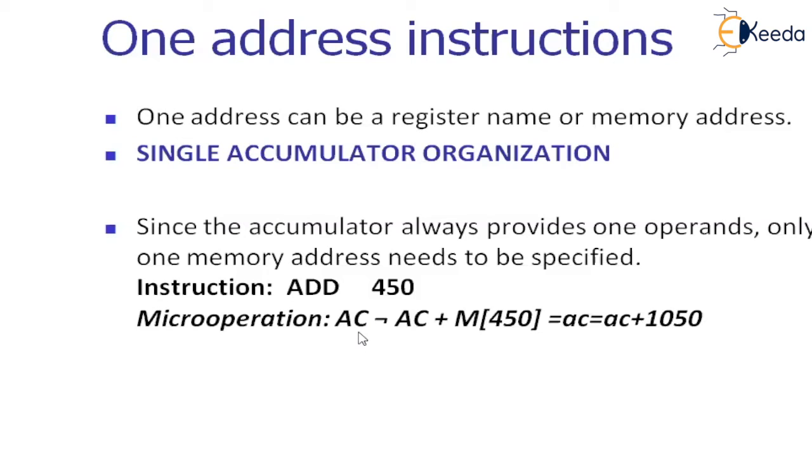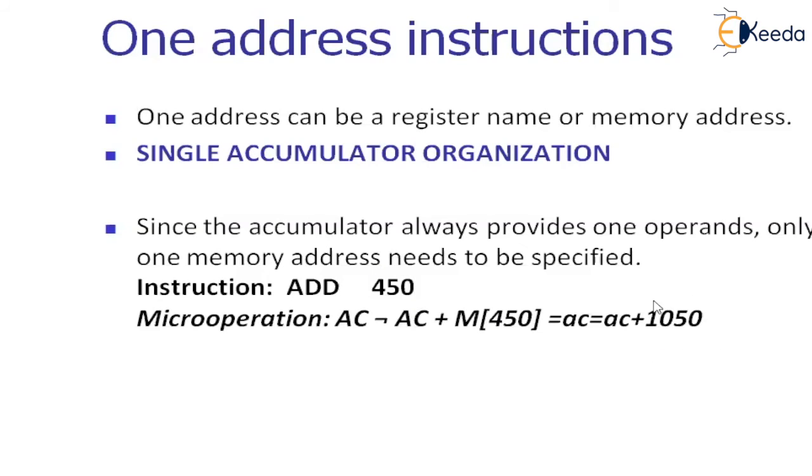In the single accumulator organization that we are designing, we did have only one address instruction. In the previous slide, I explained clearly how one address instructions are going to get executed. When I say add 450, memory of 450 will get added to the accumulator. So in the previous case, memory of 450 had a value 1050.